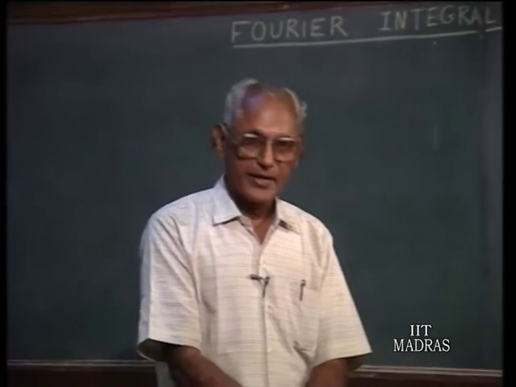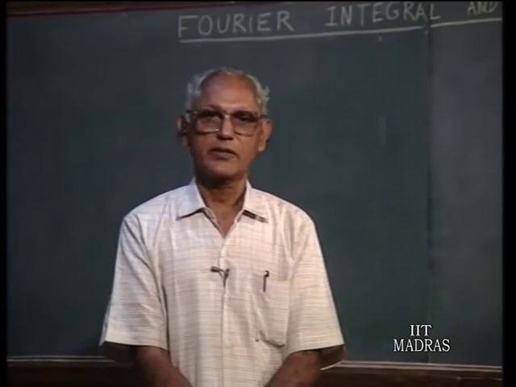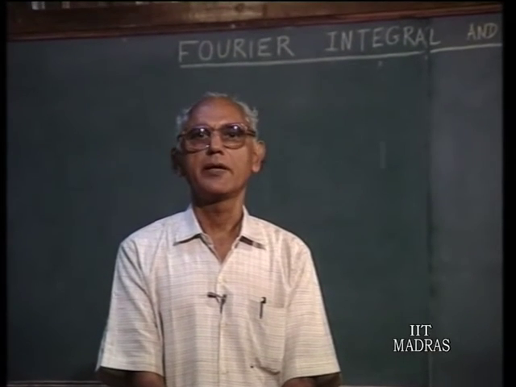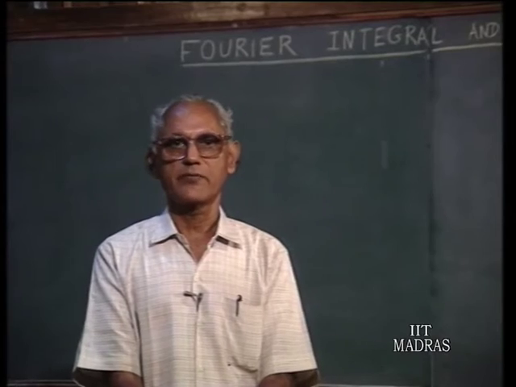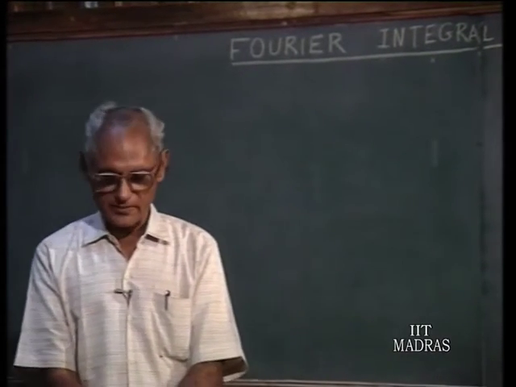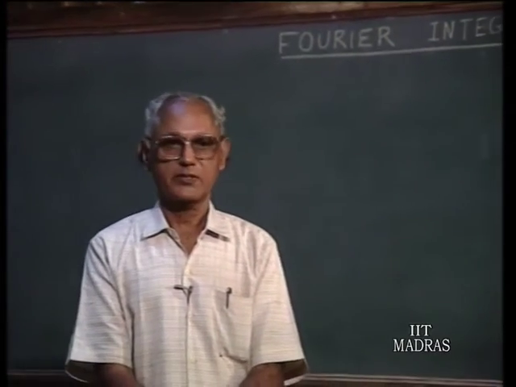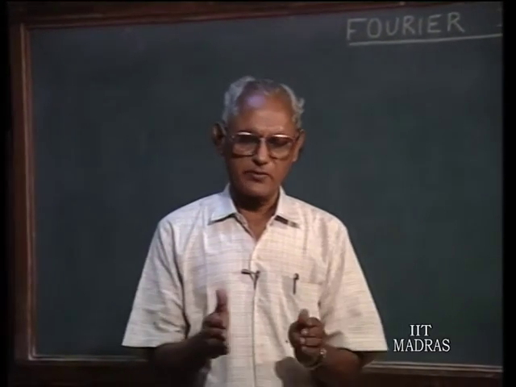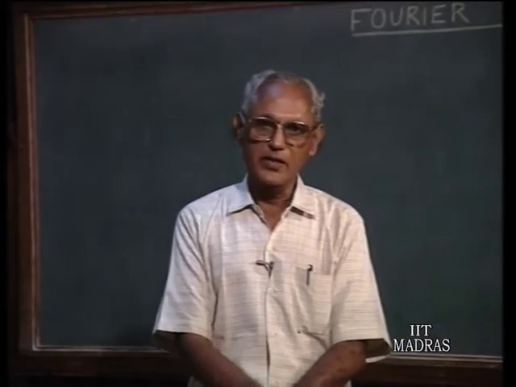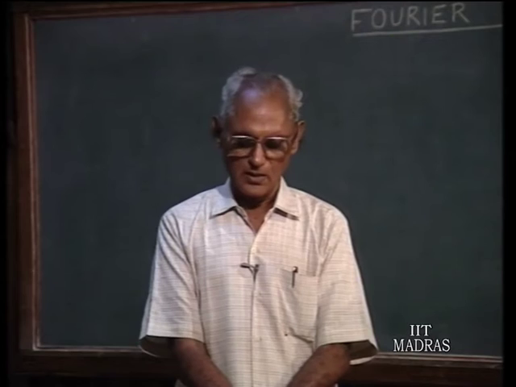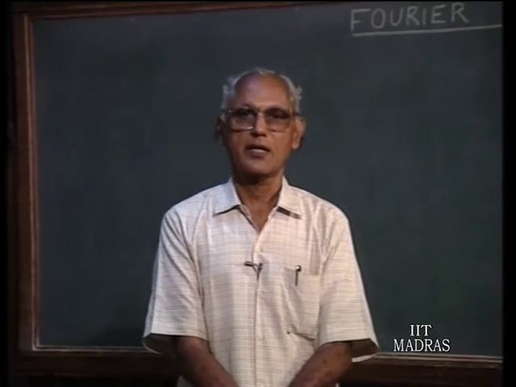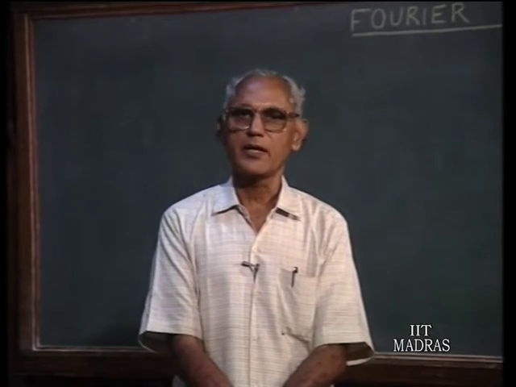So, basically the key idea as I mentioned is that we think of the period of this aperiodic phenomenon to be infinite, extending from minus infinity to plus infinity. So, what we will do is we will start with the Fourier series of a periodic function and then see what happens when the period becomes larger and larger till it goes out to infinity. So, in the limiting process we will find out how the various frequency components arise and what their amplitudes will be and so on and so forth.